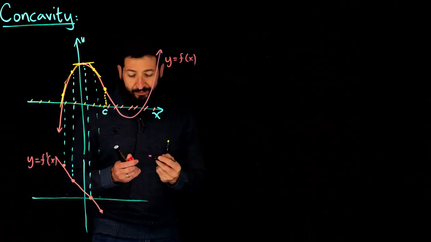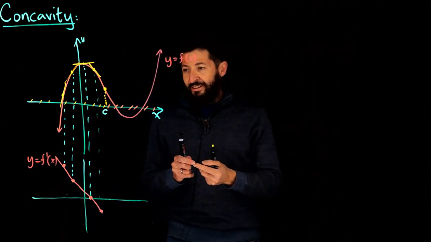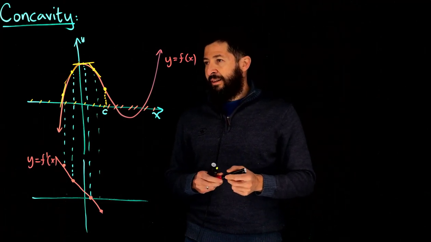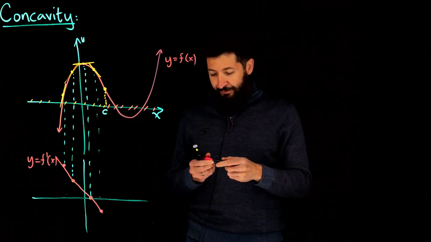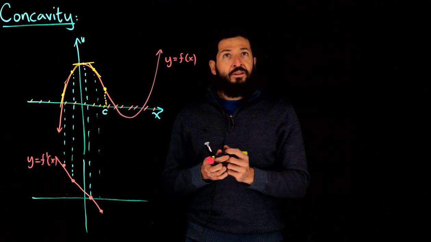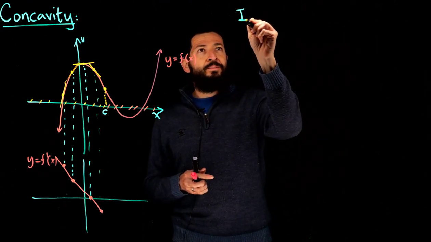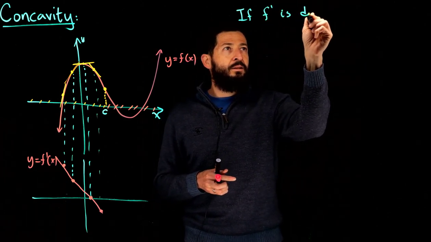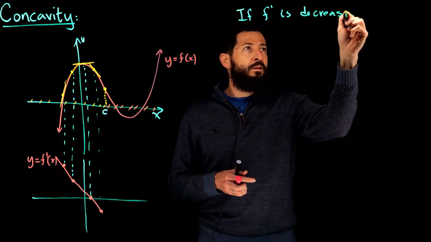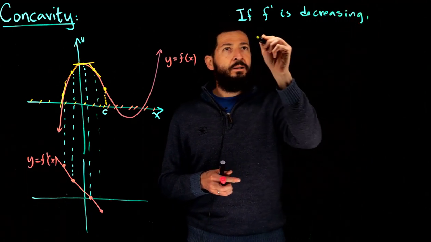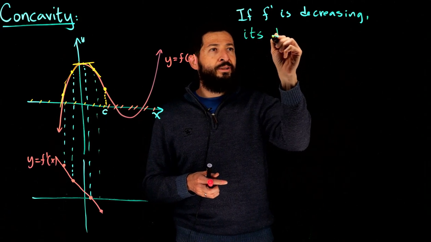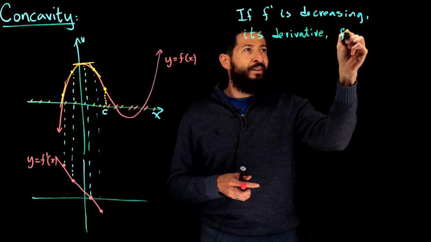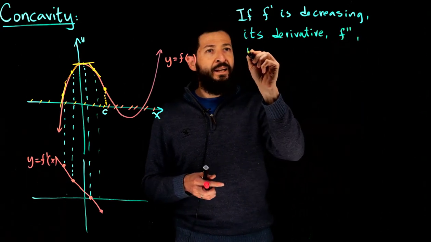So if the derivative is decreasing, what do you have that the second derivative is? Its derivative, also known as f double prime, is negative.